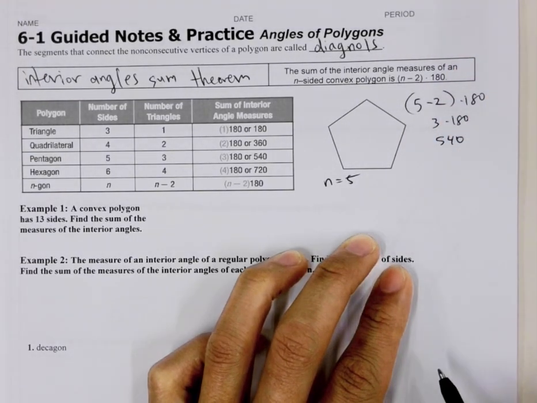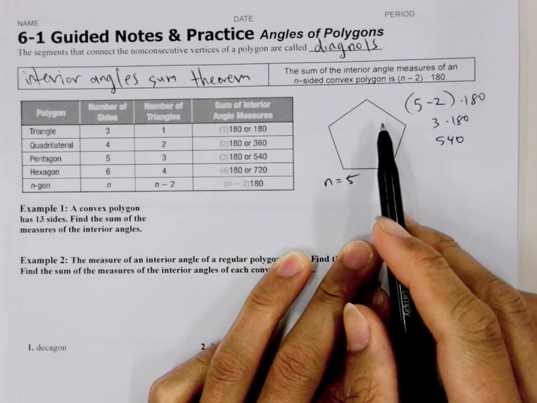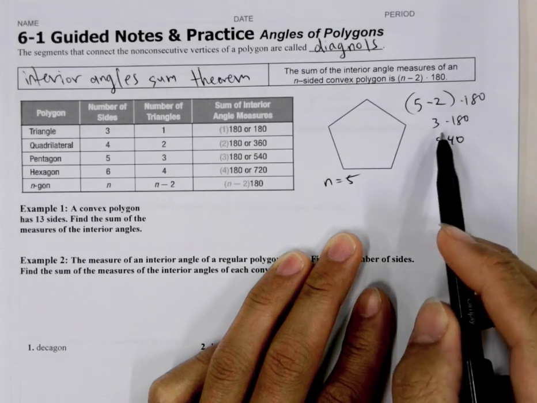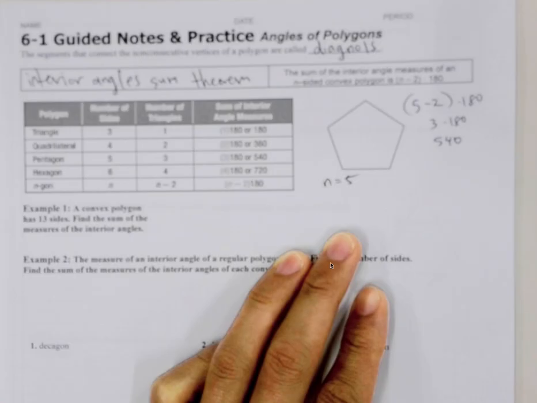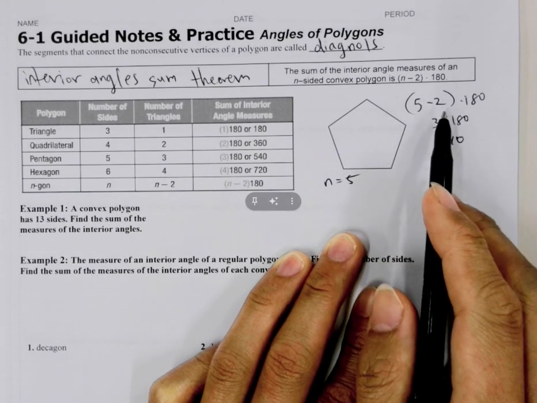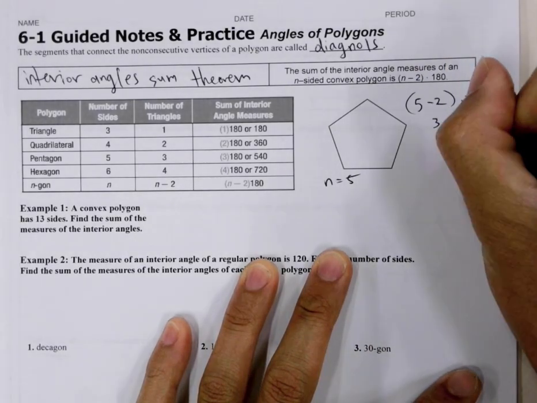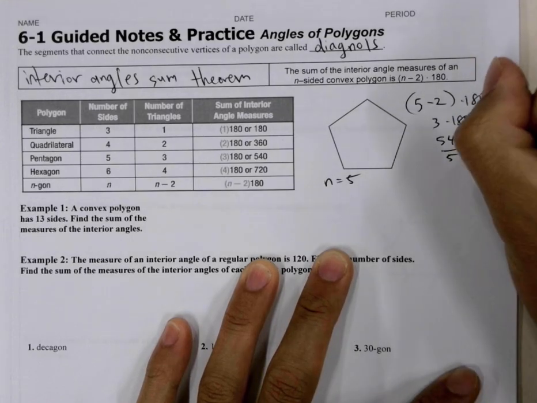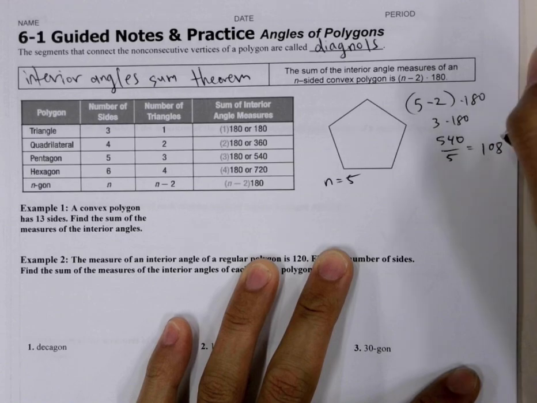So that's going to be 3 times 180, and that's going to be 540 degrees. And since this is a regular polygon, to get each angle, we can divide 540 by 5, the number of angles. That equals 108.